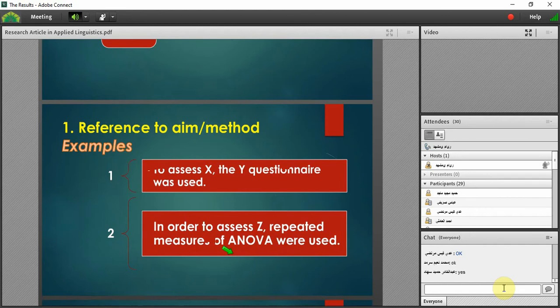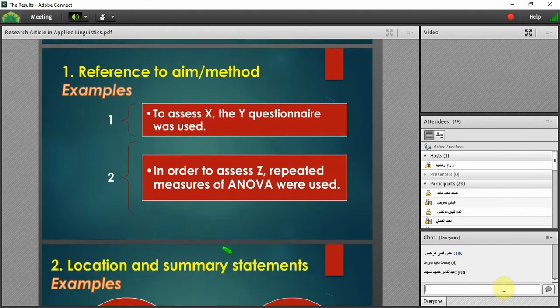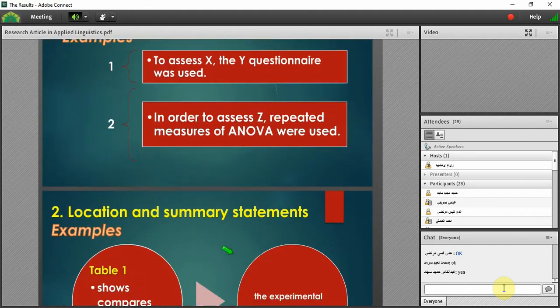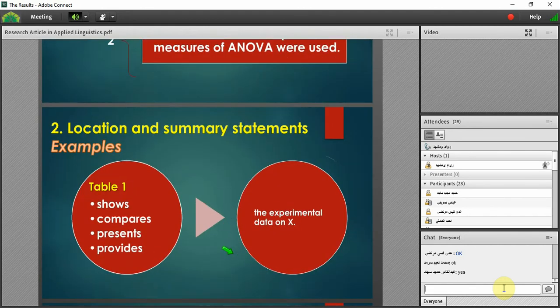Did you use a questionnaire? Did you use ANOVA? Did you use t-test? What kind of data analysis? What method did you use to collect the data? This is also very simple. The second one was location and summary statements, my dear students.